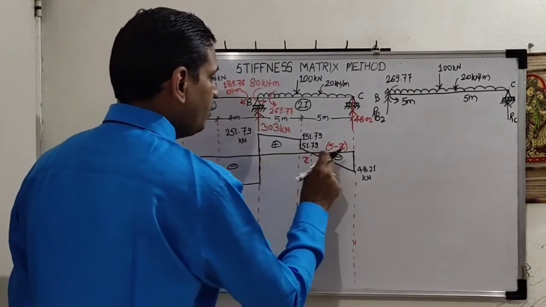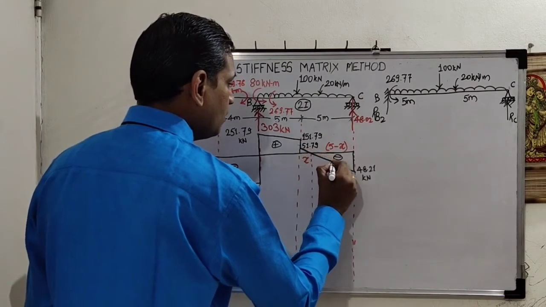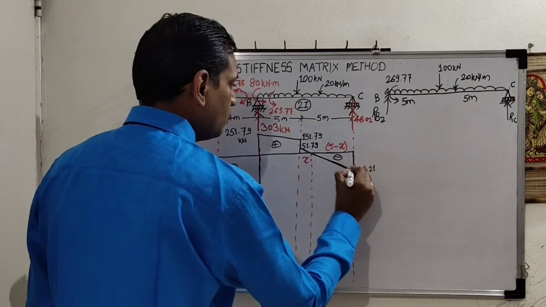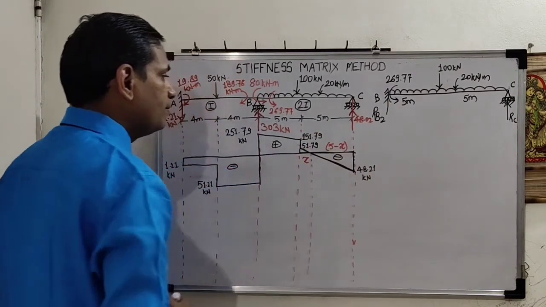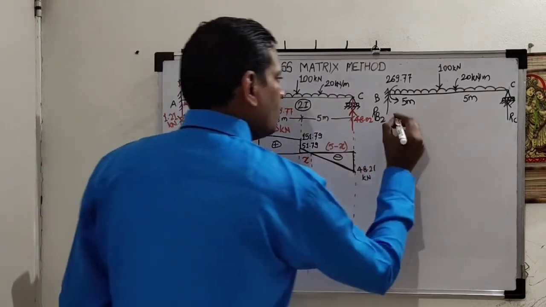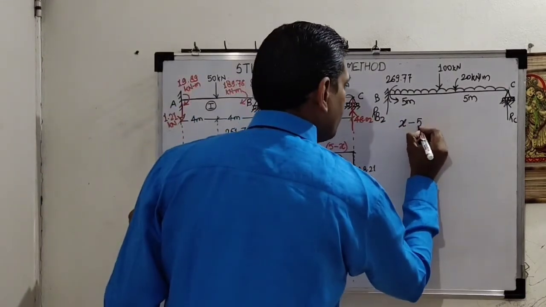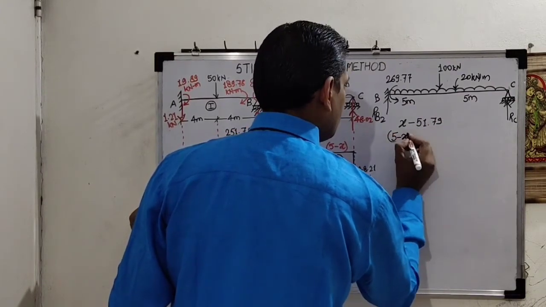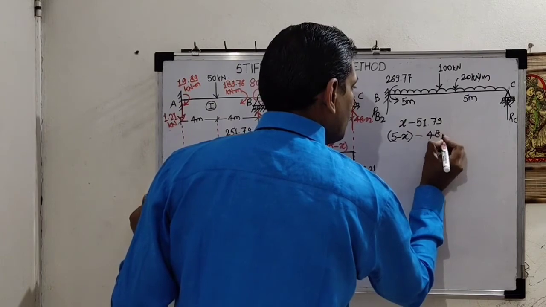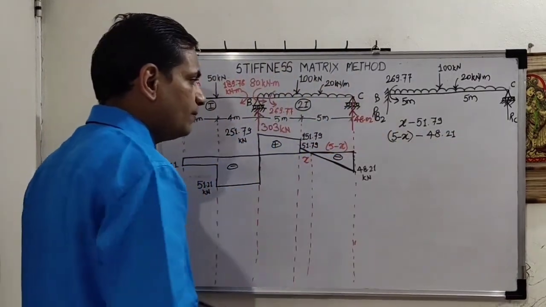Use similarity of these two triangles. When x is the ordinate, we have value of 51.79, and when 5 minus x is the ordinate, value is 48.21.